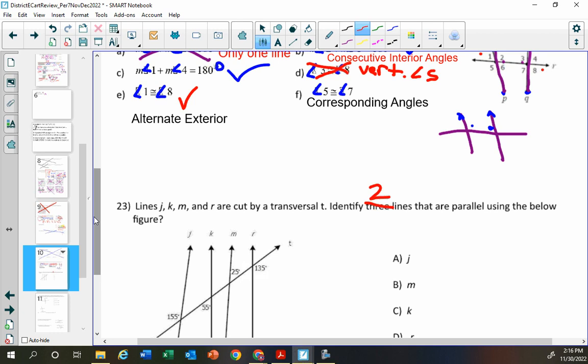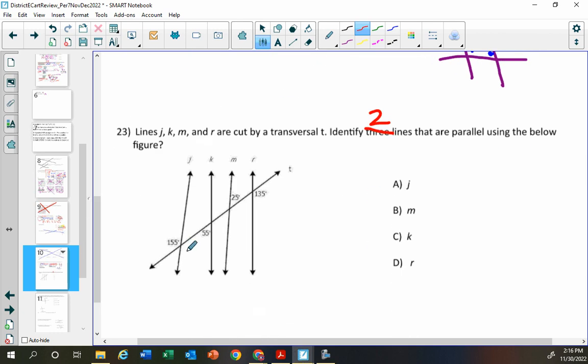It goes back to our linear pairs. Now, we start with 155. What will be the angle measured here and here? Think about a line.